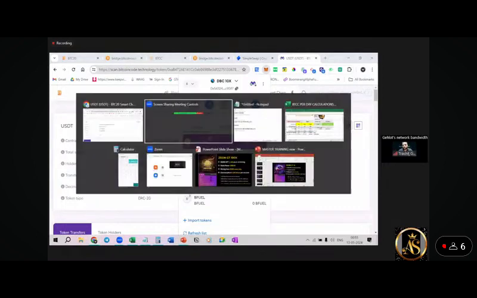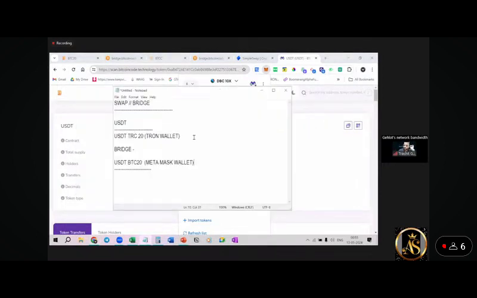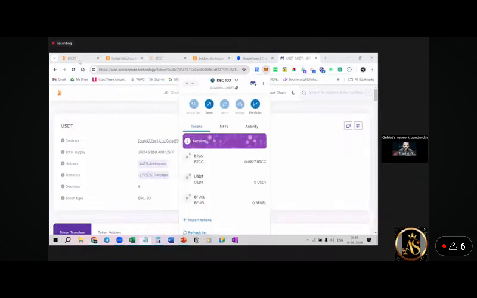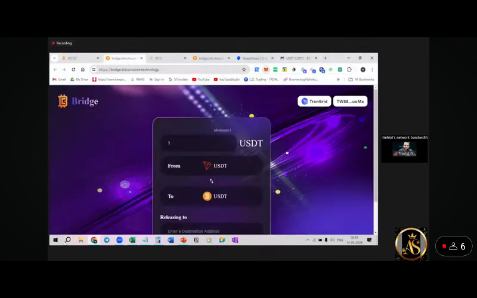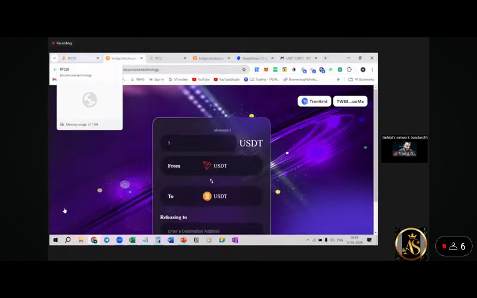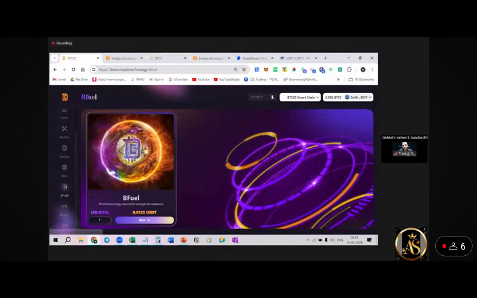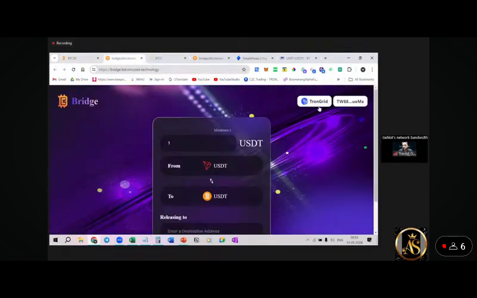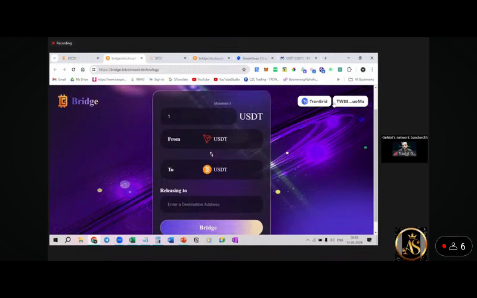All right, so we were on the bridge. For bridging in, that is to bring TRC20 to BTC20 USDT, you will require two wallets: one Tron wallet and the other a MetaMask wallet. Go to the bridge feature available in the menu. If you are bridging in, that means you are bringing TRC20 to BTC20. First of all, you need to connect your Tron wallet.